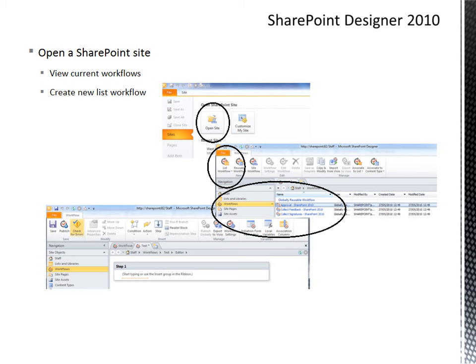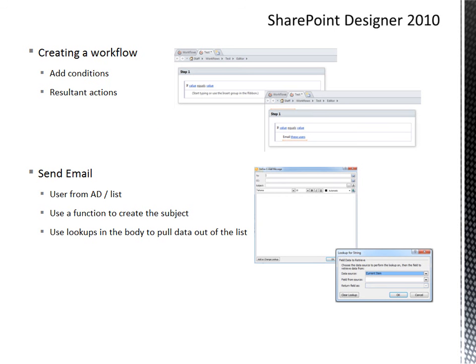Once you've done that, what you do is input steps. So you can have different steps that go through the SharePoint Designer workflow. You have conditions and actions, and you add those into the workflow.